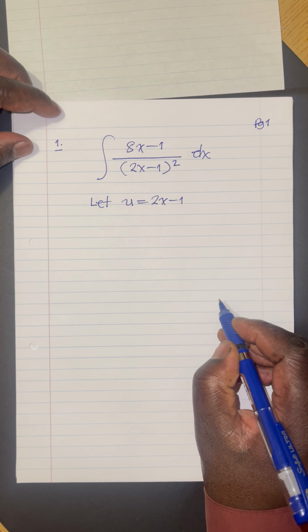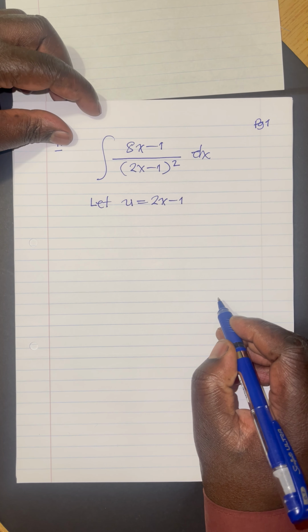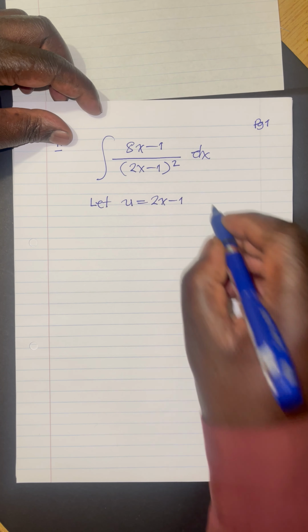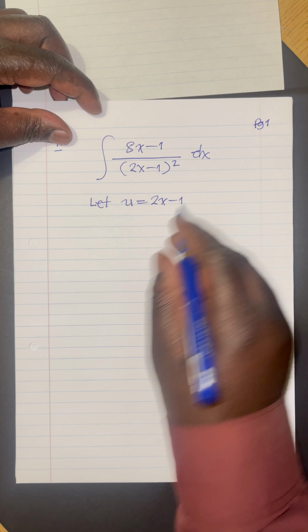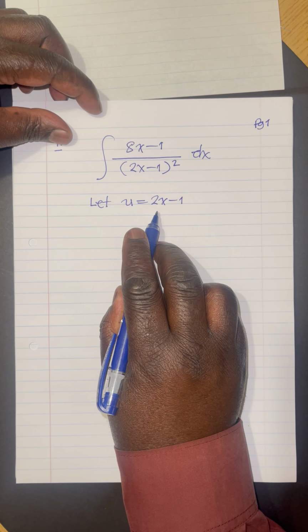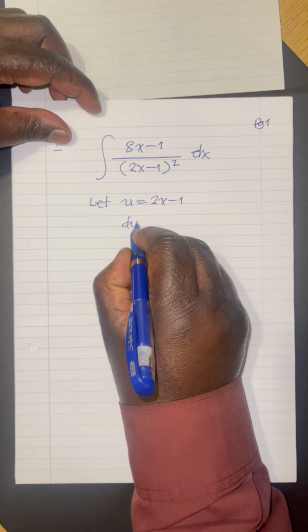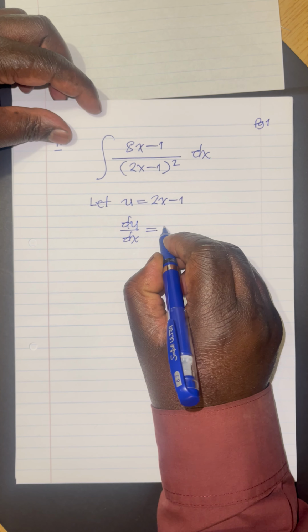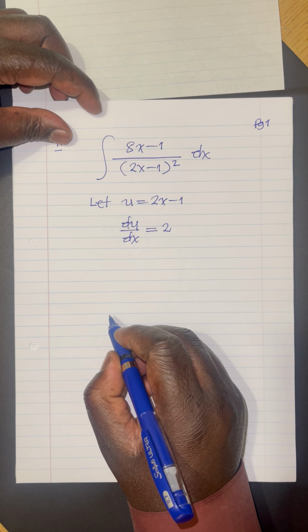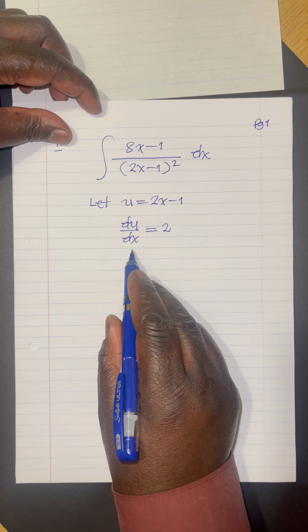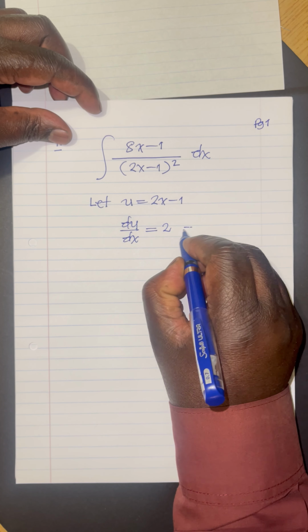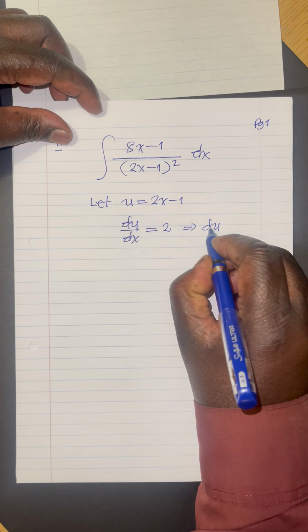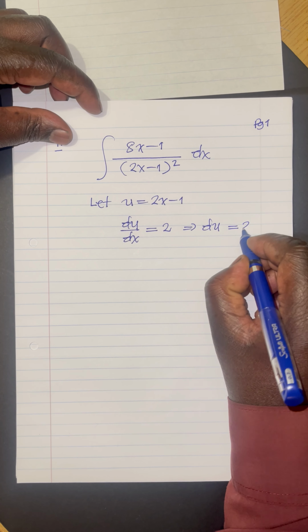Couple of things to do with this equation here. The first one is as follows. We are going to differentiate u with respect to x. So du dx, you'll agree with me that the answer is 2. Now multiplying both sides by dx, we get du is equal to twice dx.